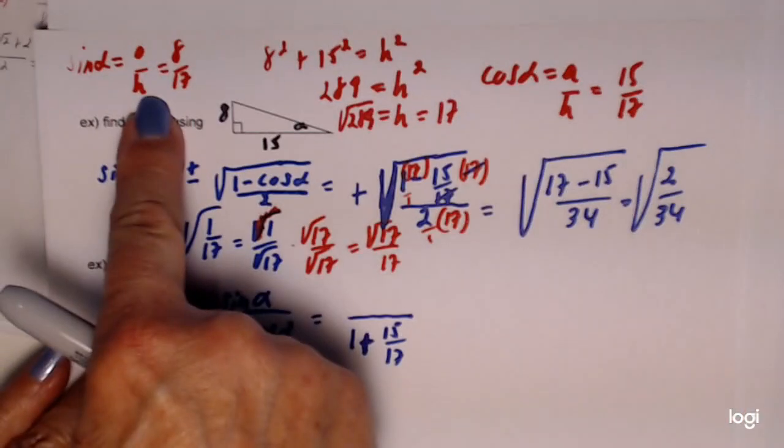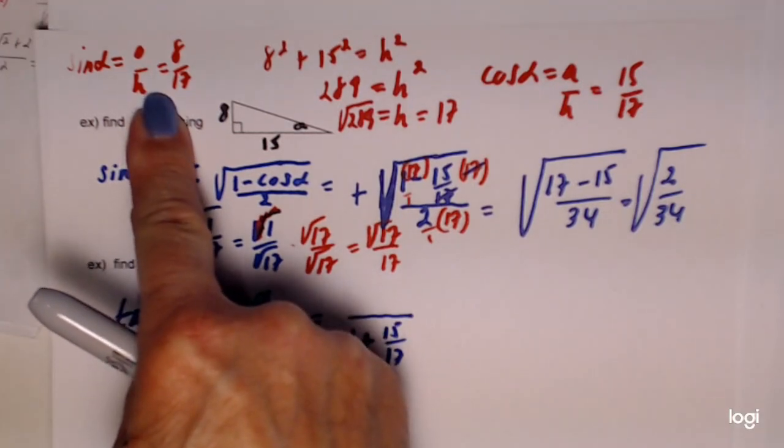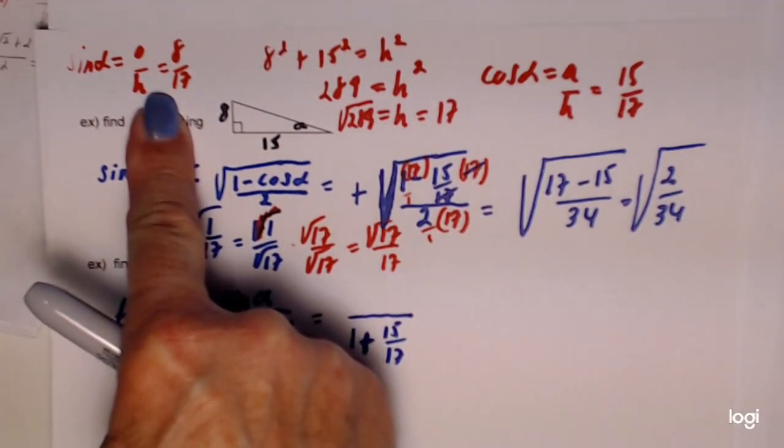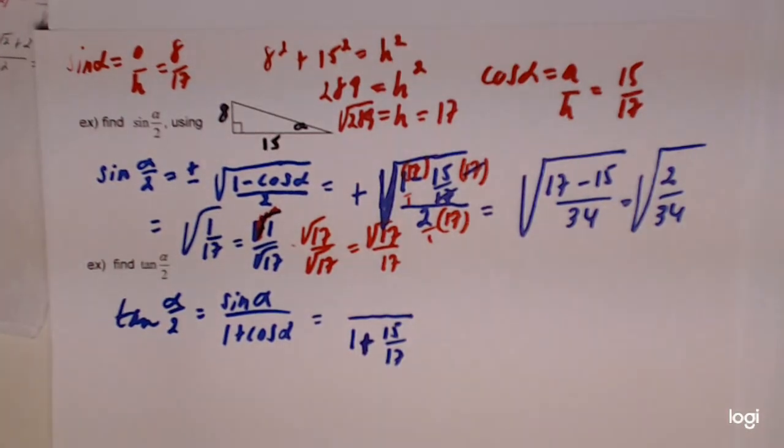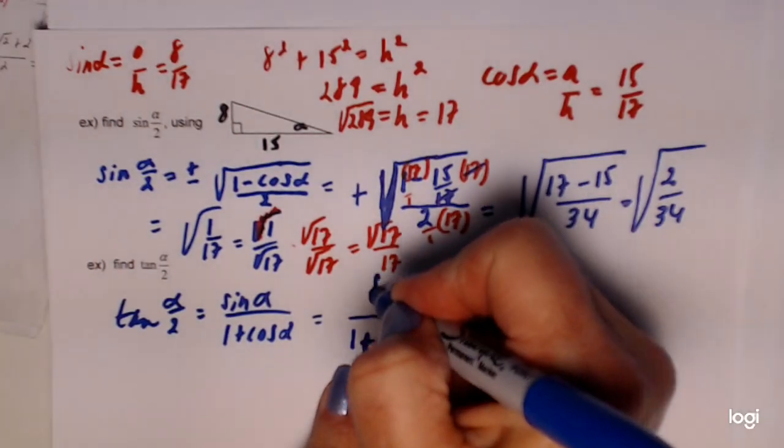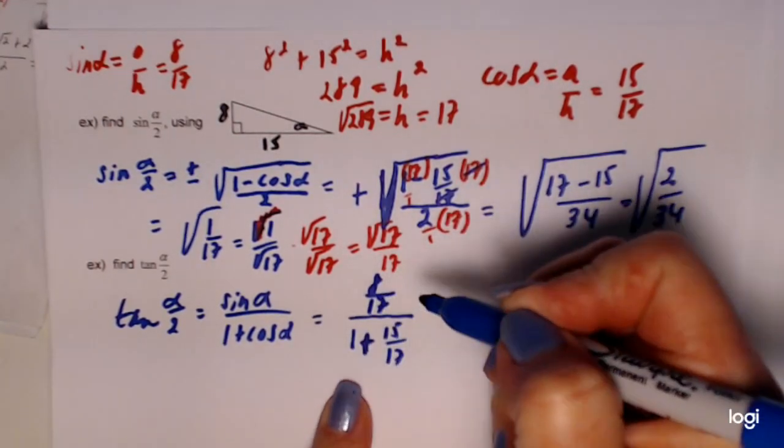So our sine would be 8 over 17, and again, we're assuming that it's in Q1 since all we have is this triangle picture. So back here, sine of alpha, this is going to be our 8 over 17.